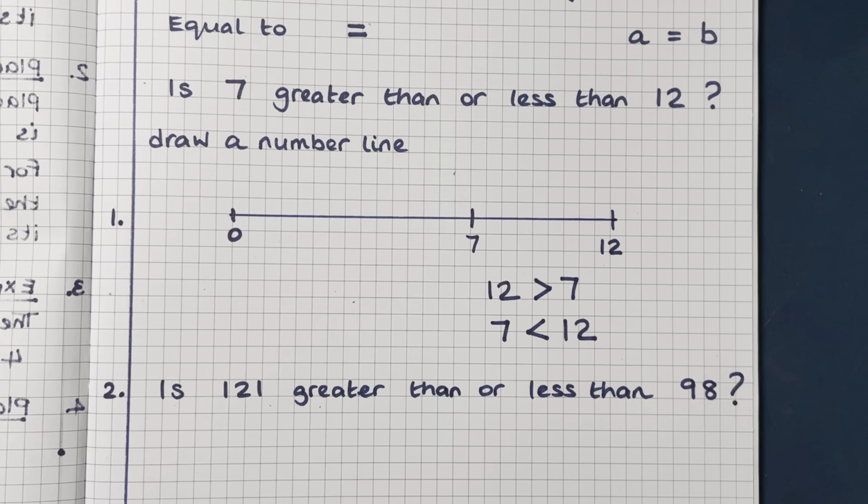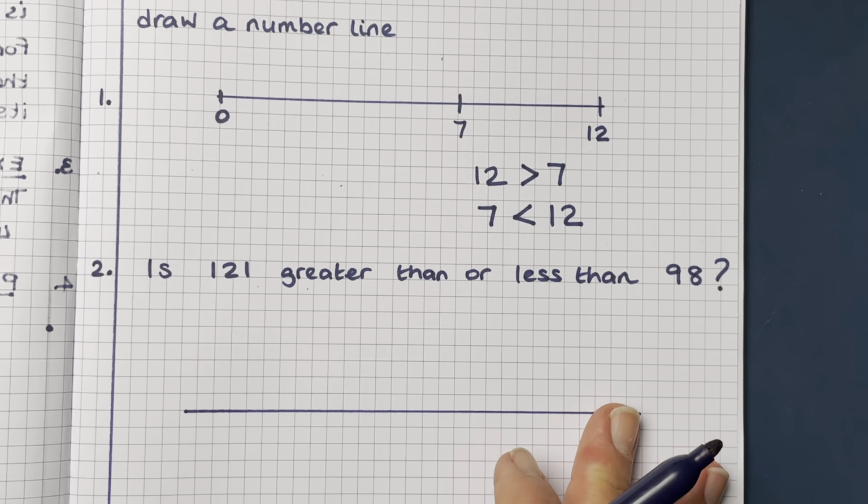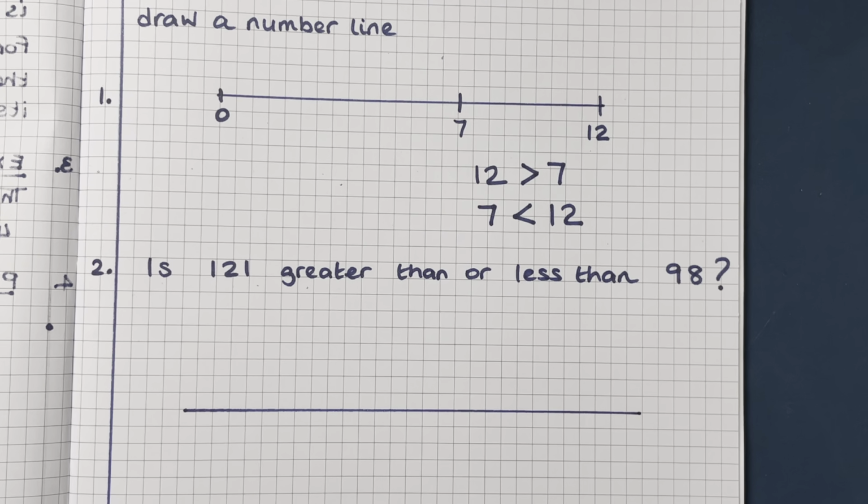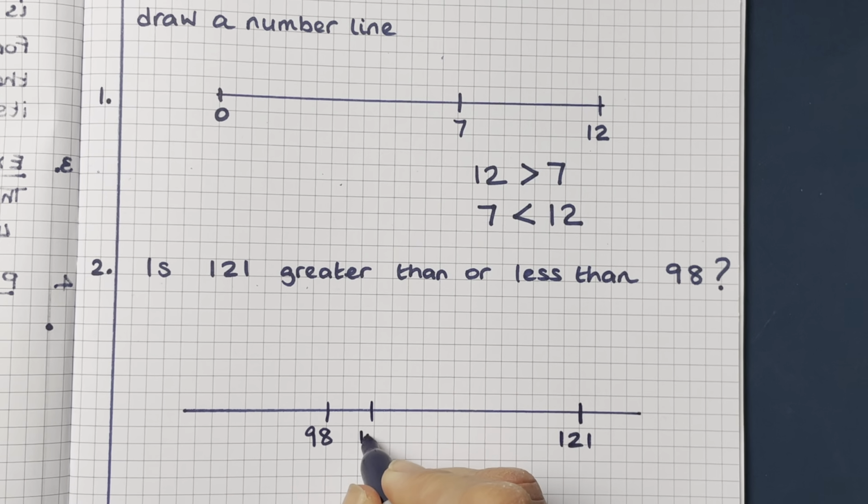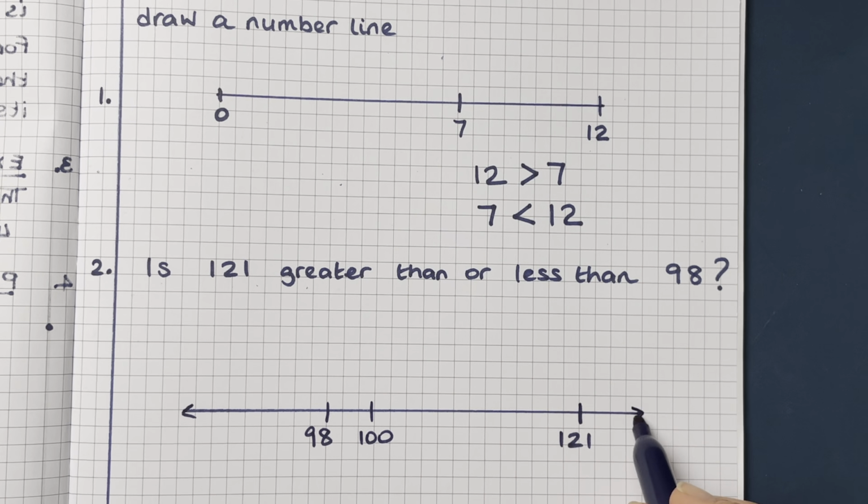Again, I can draw this out. This number line, I'm not going to include a 0 on it. I'm just going to say 98 comes about here. It doesn't have to go all the way down to 0. And I'm going to put 121 here. If I wanted to, I could maybe add in 100 here as a guide, and I can see that 121 is greater than 98.